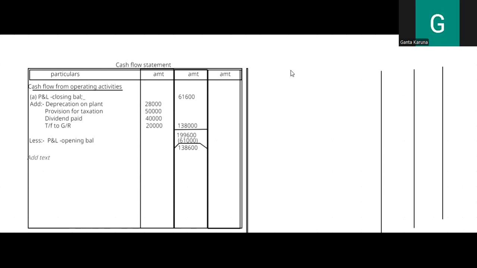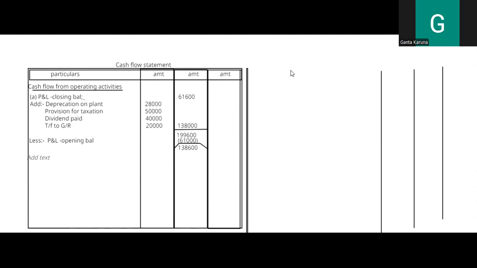So in this one, I have to check which are the current assets which are decreasing and which are the current liabilities which are increasing. So first I see my current assets. So I got stock and debtors. Only two things are there which I'm going to take because cash and bank I have to avoid, I said. So that is the reason stock and debtors only I'm taking into consideration.